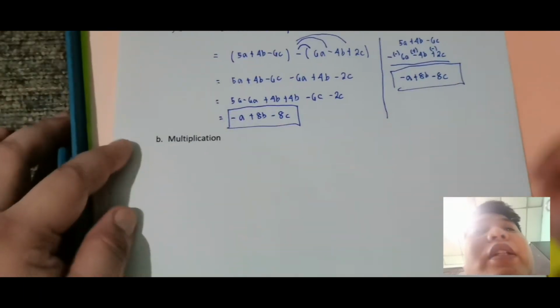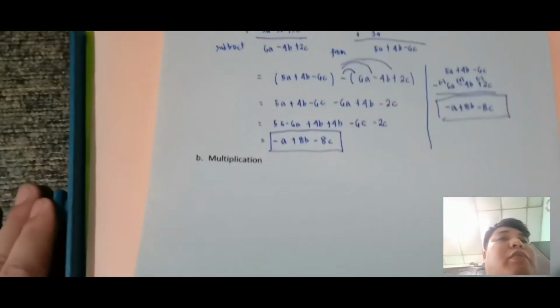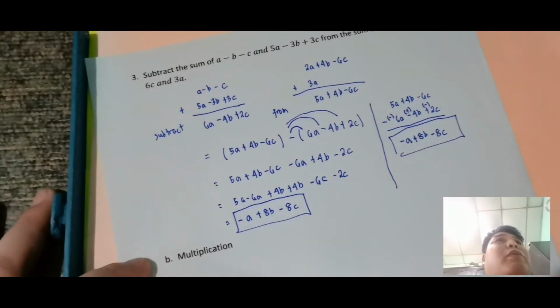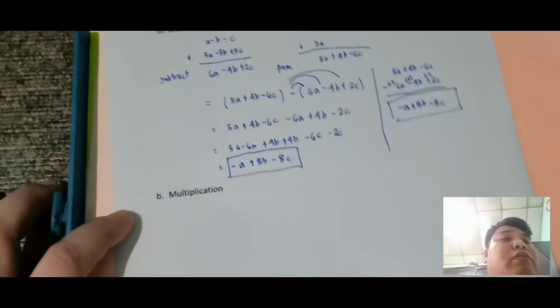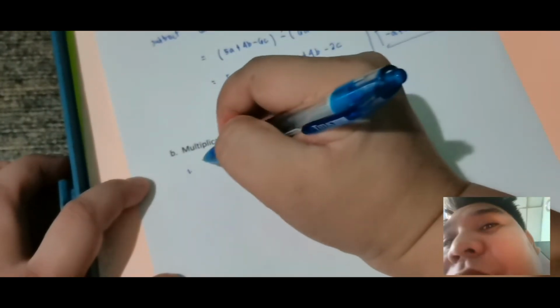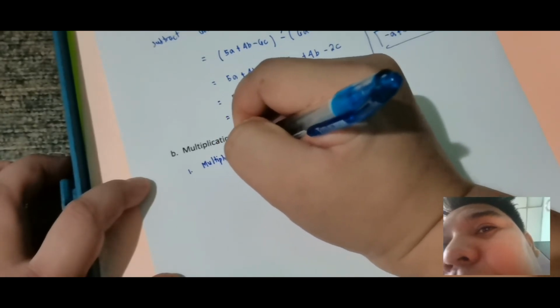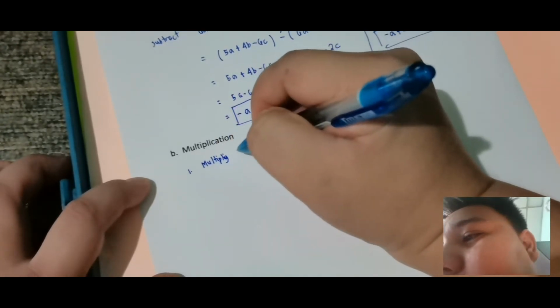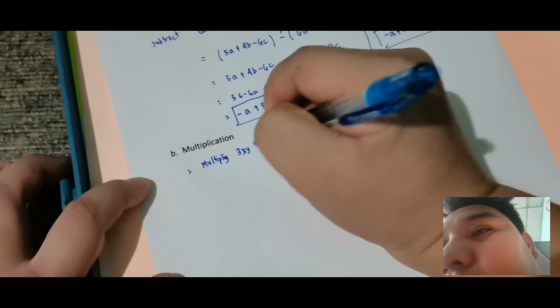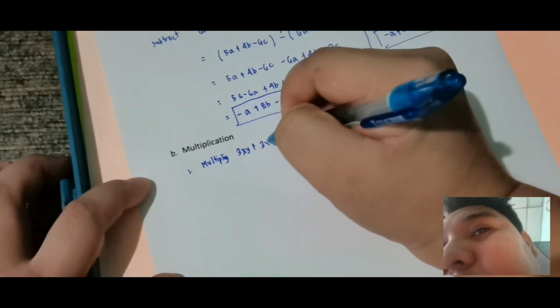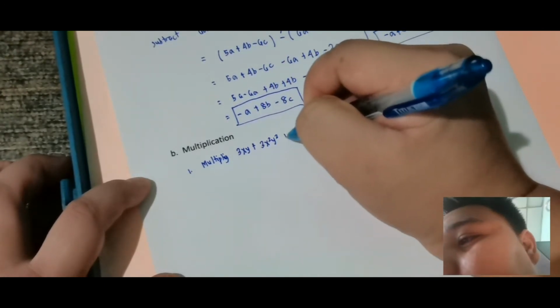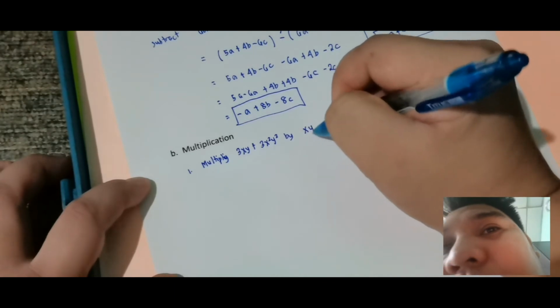So una, number 1 example. So ulit ang gagawin ko lang dito. Dito naman papasok yung rule of exponent. Yung rule of exponent na nag-add yung exponent. So check natin. So for example, number 1, multiply 3xy plus 3x squared y squared by xy.